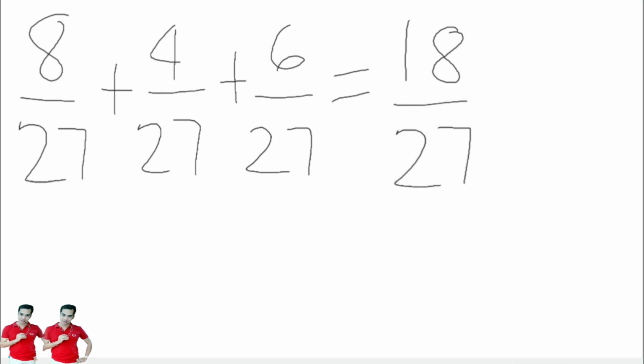Do you think 18 over 27 is the final answer? Okay, so 18 over 27, we are going to reduce to the lowest term.